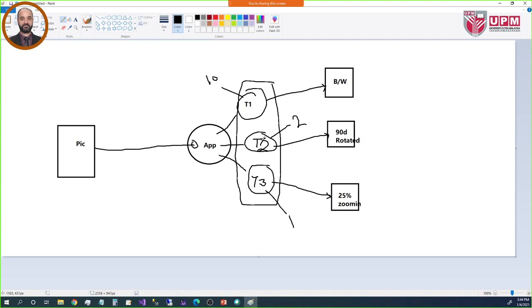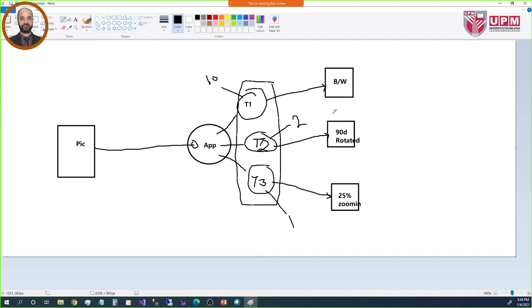Then that one will continue working no matter whether this one finishes or not, because they're supposed to work independently. This one will work for 2 minutes, then after it finishes, it will save the picture. That one needs about 10 minutes to make a black and white or grayscale picture.